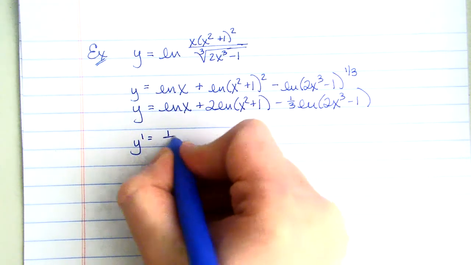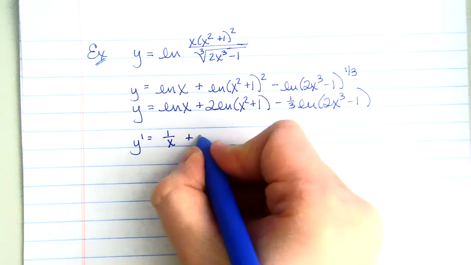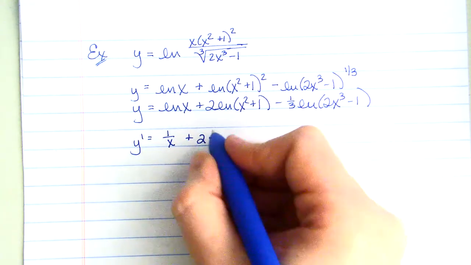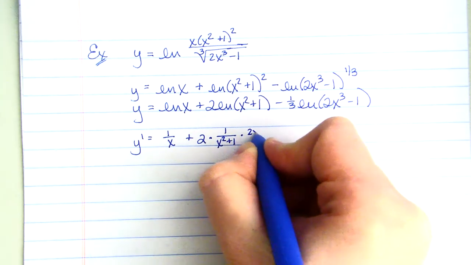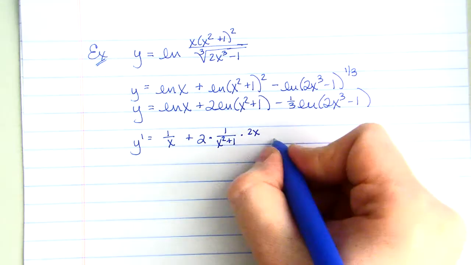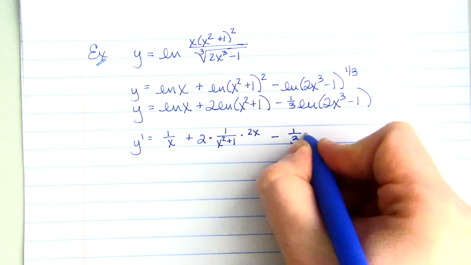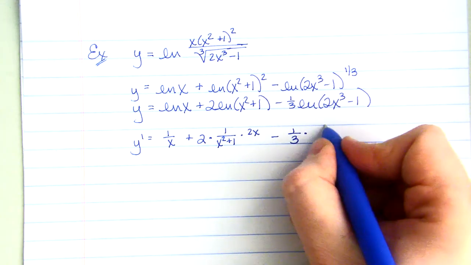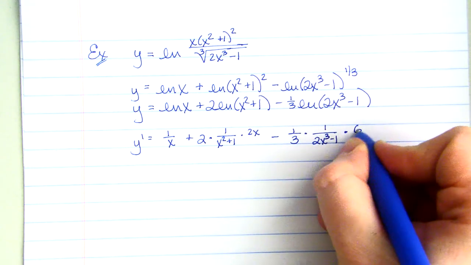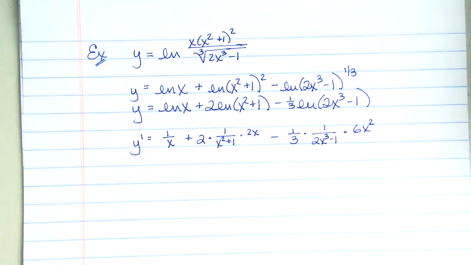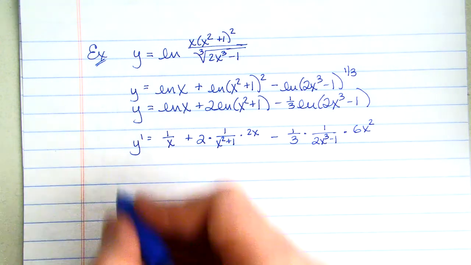Time for the derivative. Derivative of the natural log of x, 1 over x, plus 2 times, I need chain rule, 1 over x squared plus 1 times 2x. I'll clean it up in a moment. Minus 1/3 times, chain rule again, 1 over 2x cubed minus 1 times 6x squared. I should simplify a little bit.